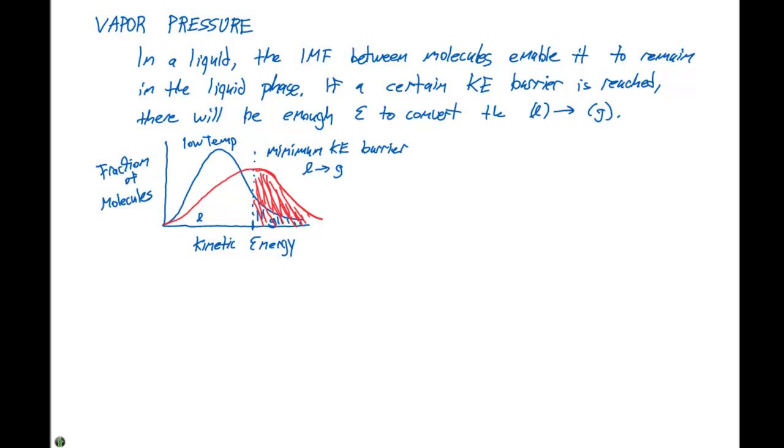So what we can say about this is that as we increase the temperature, we're going to increase the kinetic energy, and more molecules can escape to the gaseous phase. And this will go on continuously as a molecule can be converted from a liquid to a gas, right?